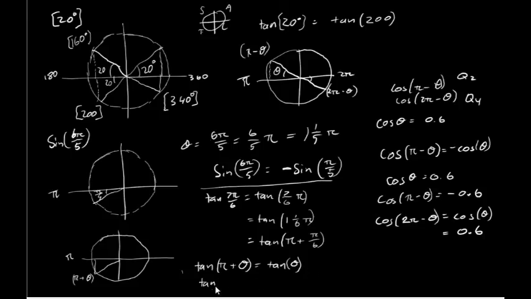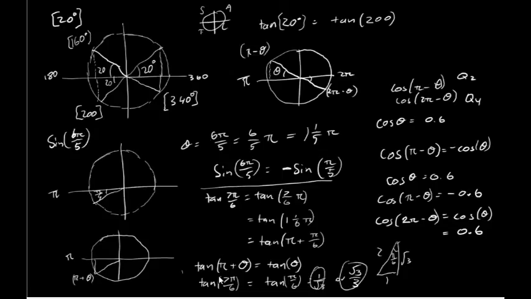So therefore I can say tan of 7 pi on 6 is going to be the same as tan of pi on 6. Tan of pi on 6, using our exact values, is 1 over root 3 or root 3 on 3, either one. So that's my solution for tan of 7 pi on 6.